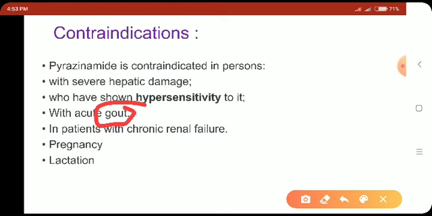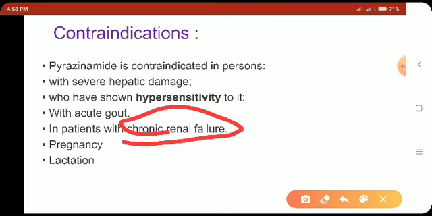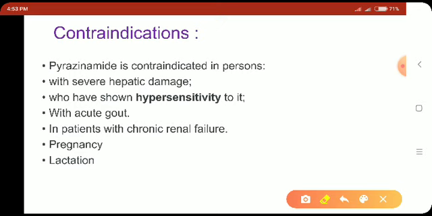In that patient, pyrazinamide is contraindicated. Then the patient who is having chronic renal failure, in that patient pyrazinamide is contraindicated. And in case of pregnancy and lactation, pyrazinamide is contraindicated.